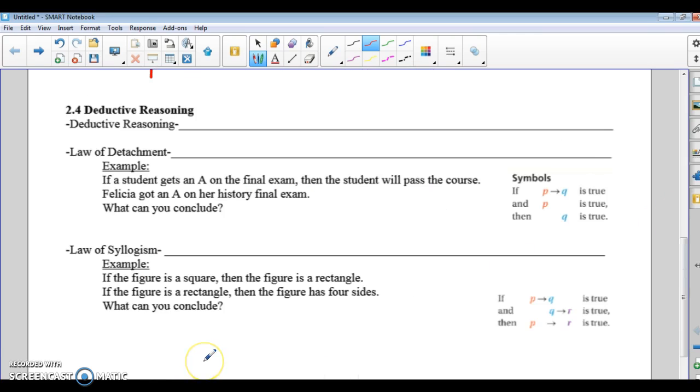Then let's talk about deductive reasoning. What is deductive reasoning? We'll be using deductive reasoning a lot when you prove geometry. So deductive reasoning is making conclusions based on true statements.